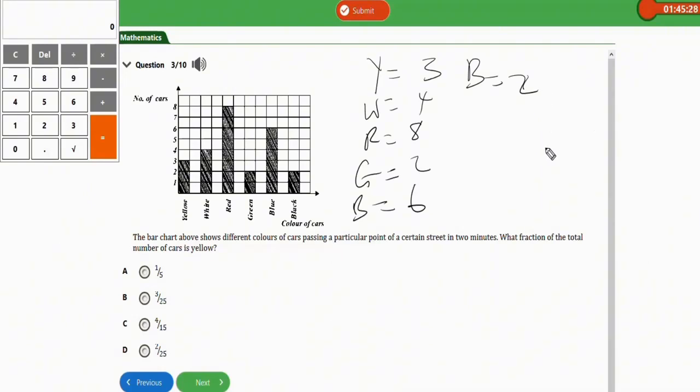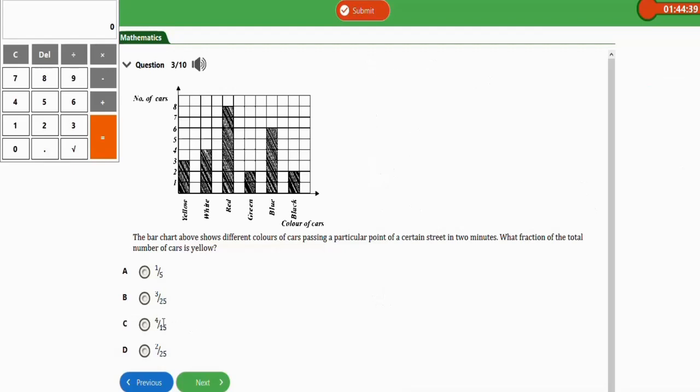So the total number of cars is 25. The question asks what fraction of the total number of cars is yellow. Since the number of yellow cars is 3, this gives us 3 over 25. So the correct option is Option B, 3 over 25. That will be the answer. It's very, very easy. Let's wipe this and solve the next repeated question.